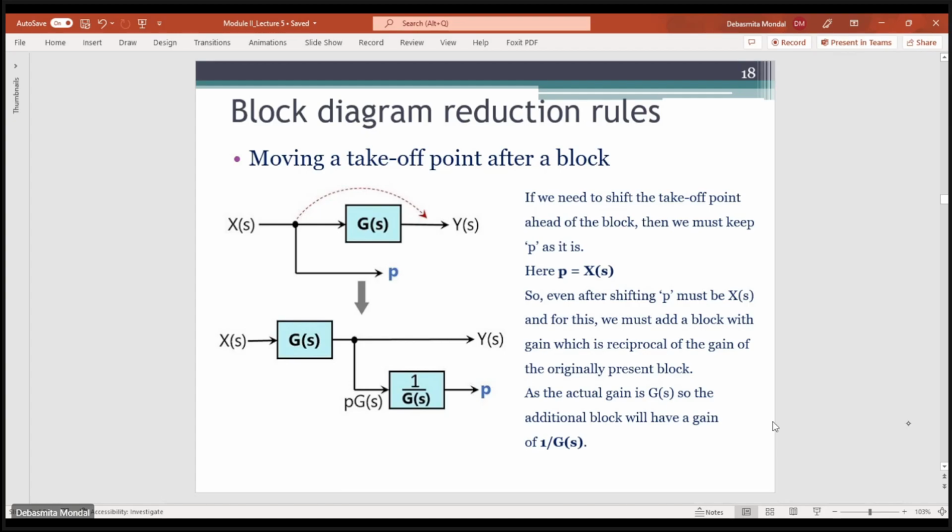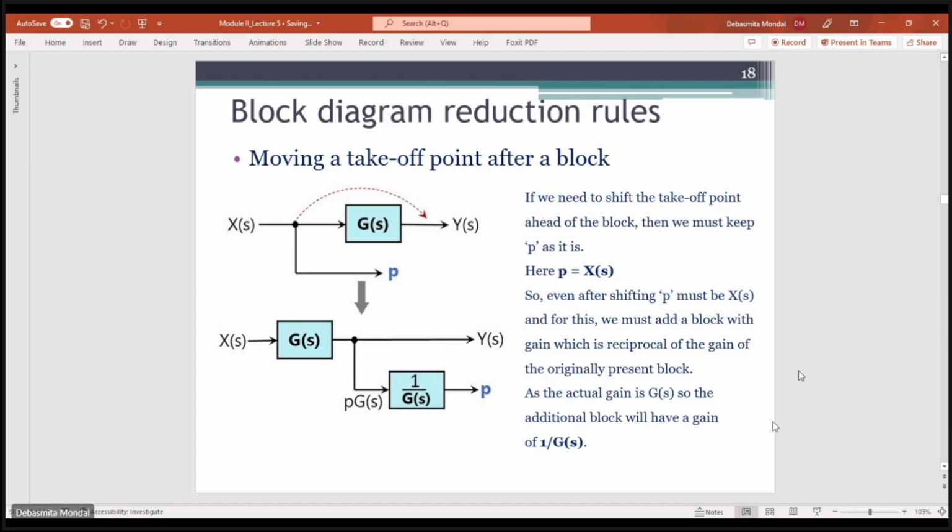So you need to nullify the effect of G(s). That's why you need a block with transfer function 1 by G(s), so that the output of this branch still remains equal to P, right?